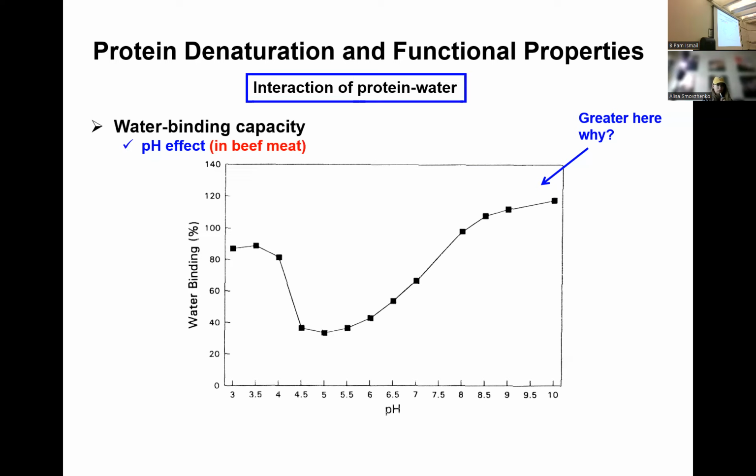So you only have this that contributes to the net positive charge. That's why for water binding and solubility, we see it more at alkaline conditions. We never solubilize protein to extract them at acidic conditions. We use above pH 7 to extract our proteins.